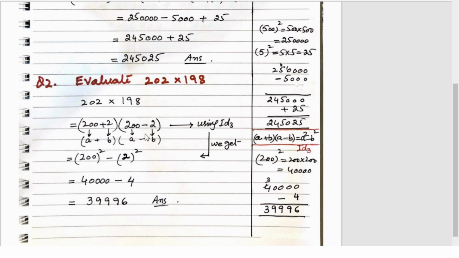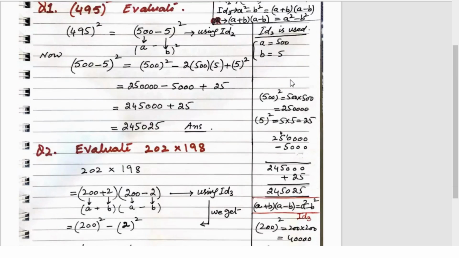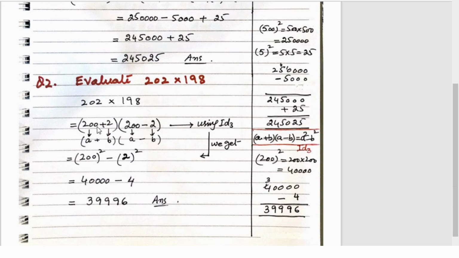Now look at this. What is in front of you? A very suitable form of ID3, right hand side. If we consider this form of ID3, then right hand side is given to us. If we consider this form of ID3, then left hand side is given to us, and we will move towards the right hand side. Now if we consider 200 as A and 2 as B, so it is A plus B and it is A minus B. Two factors are given to us. Left hand side or one side of ID3 is given to us.